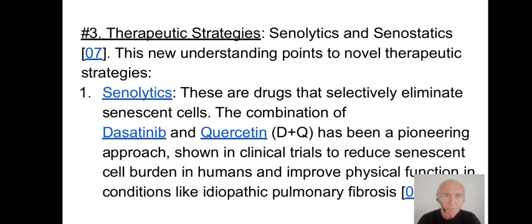This really works, but there were no large clinical trials. There were some small trials, and it was proven that it works for humans.